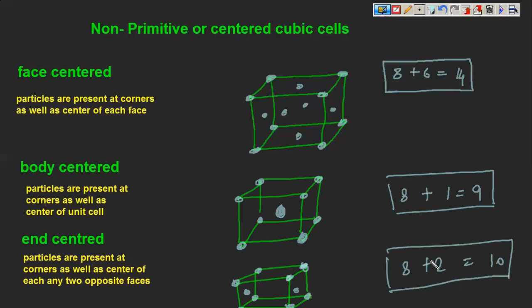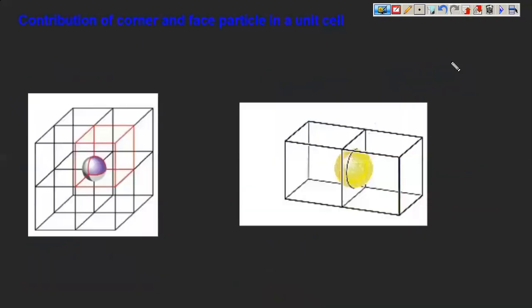Now we'll see the contribution of the particle which is present at the corner. This is a crystal lattice, and the particle present here is shared by a total of 8 unit cells. These are the 8 unit cells: 1, 2, 3, 4 in the back layer, and in the front layer you will find 1, 2, 3, 4.